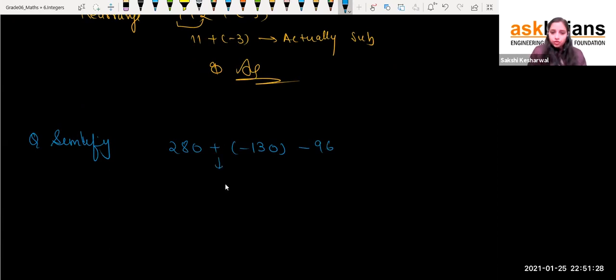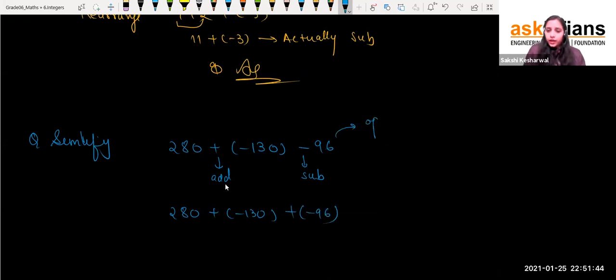This is an addition, and this one is a subtraction. So change the subtraction into addition. It will be 280 plus of minus 130, plus of minus 96. That is the opposite of 96, which is minus 96, right or not? So add, and this will become minus 96.